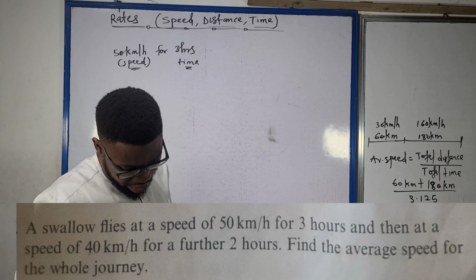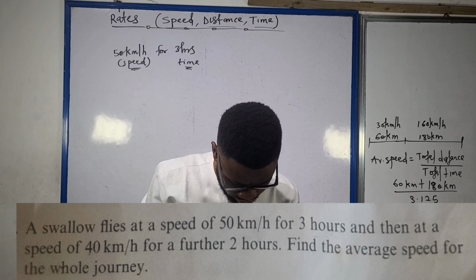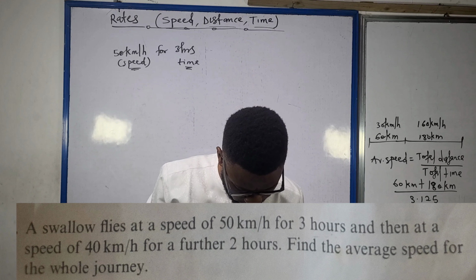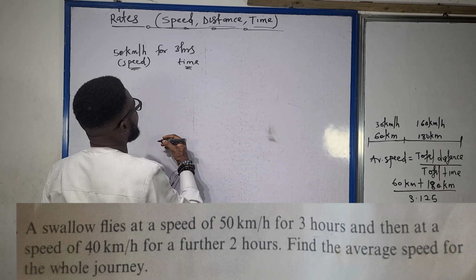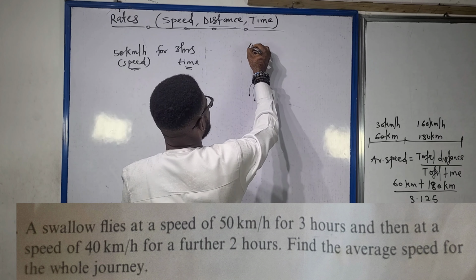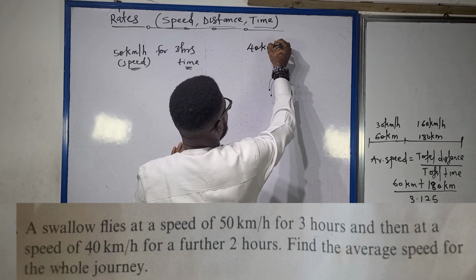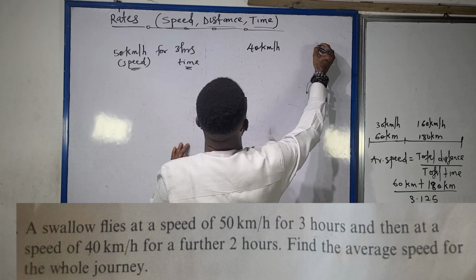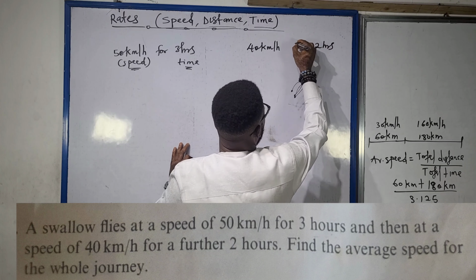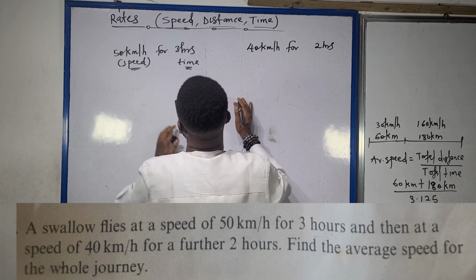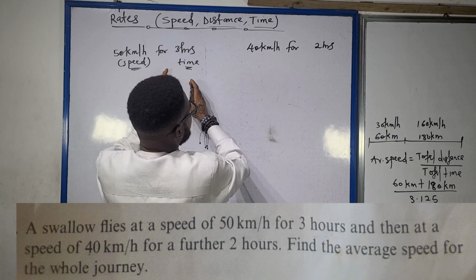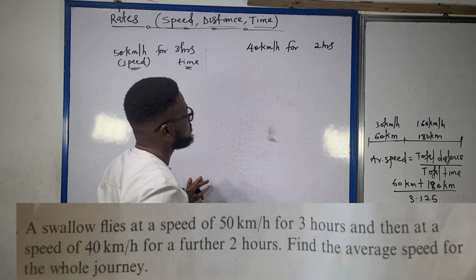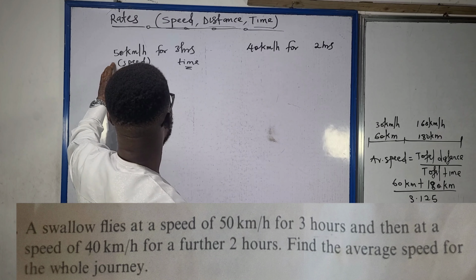And then at a speed of 40 kilometers per hour for a further 2 hours. So which means the speed had reduced from 50 to 40.